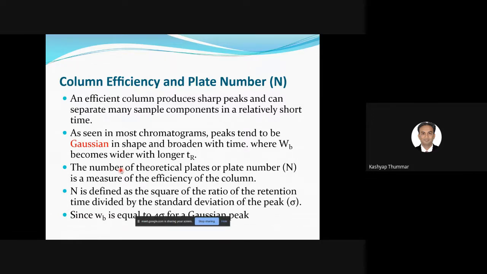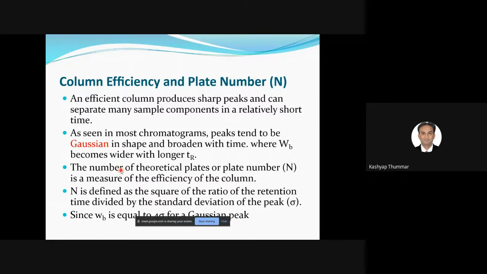A good column produces sharp peaks and separates many sample components in a relatively short time. Many sample components means it has more capacity. So good column, capacity and retention factor all come into one place.